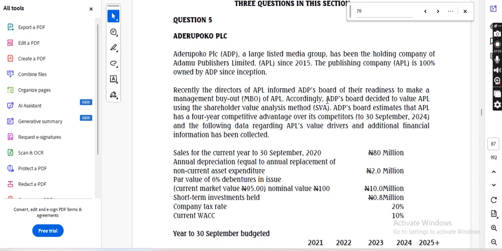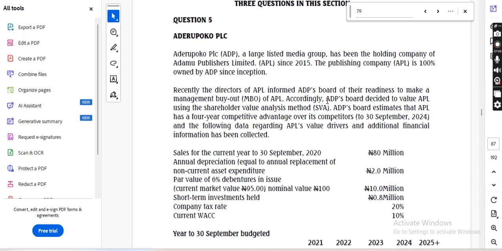So this ADP board decided that to value APL, we have to value APL using the shareholder value analysis. Then the ADP board estimates that APL has a 4-year competitive advantage over its competitors to 30th September 2024.